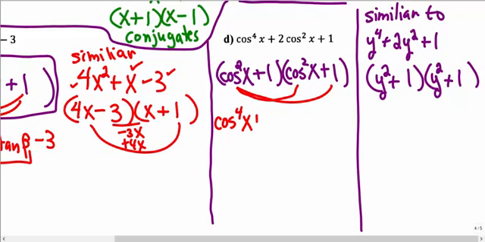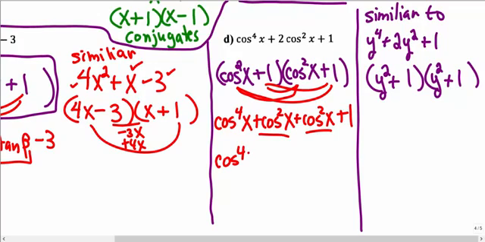Outer times the outer would be plus cosine squared x. Inner times the inner would be plus cosine squared x. And then last times the last would be plus 1. Our two middle terms would be like terms, so we can combine those to get 2 cosine squared x plus 1. So this checks out.